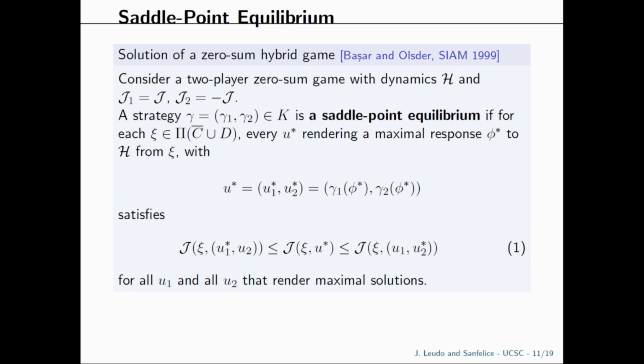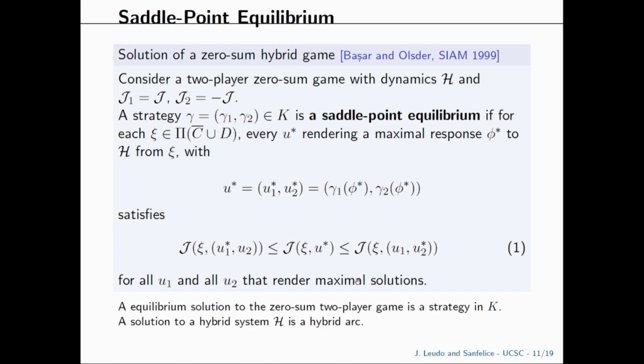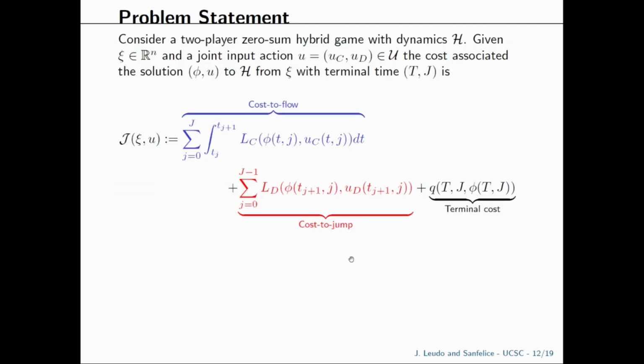So this equation implies that no player has incentive to unilaterally change its own action, since it would lead to an increase of its own cost. And notice that this is the way we describe solutions to the game in terms of strategies, but the solution to a hybrid system is a hybrid trajectory, a hybrid arc.